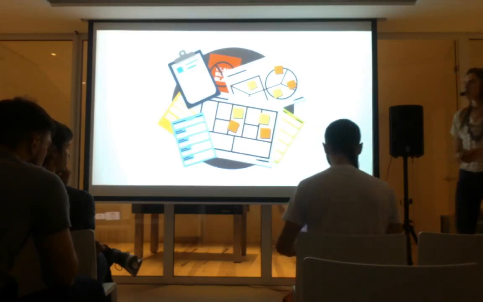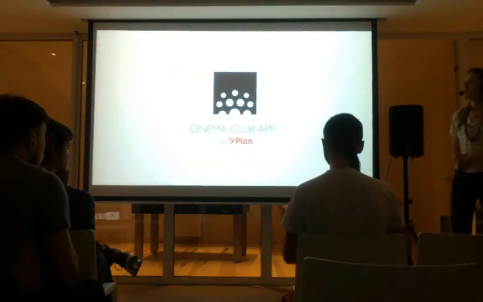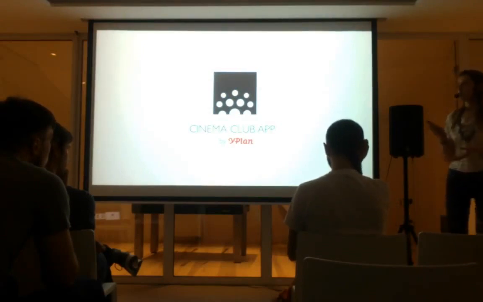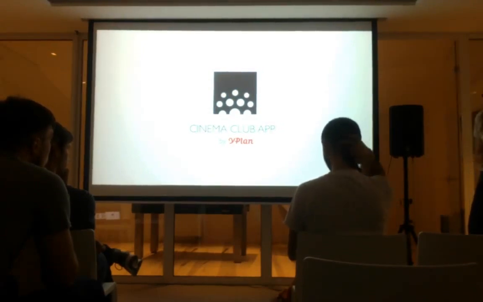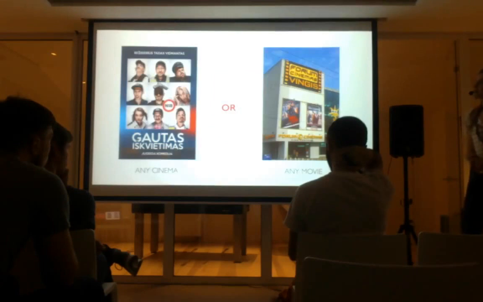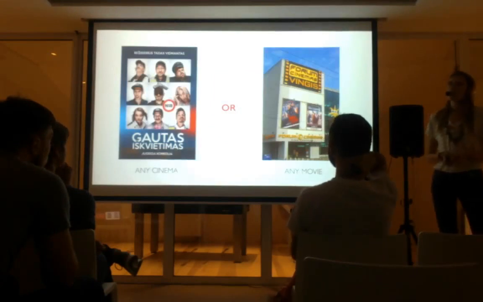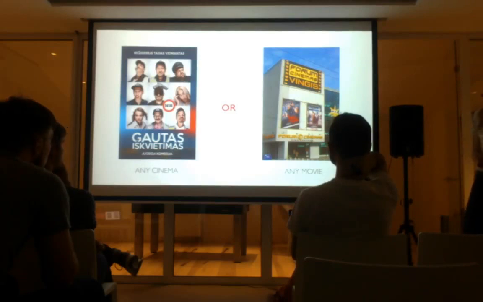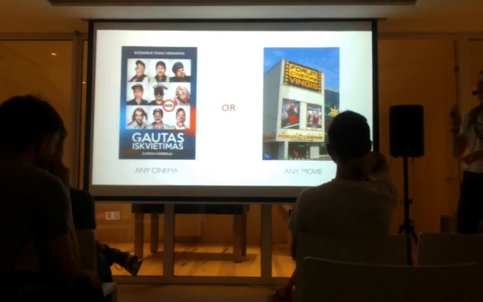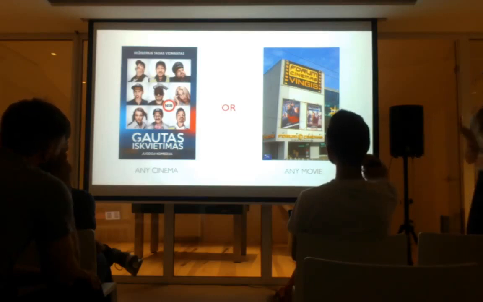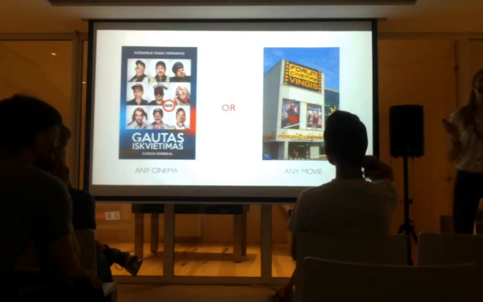We cannot just stop. And then I read one article about Cinema Club app, actually by Whitehead. And they identified two groups that they can segment their users into. One group is that you know a movie you want to see, but you don't really care about the cinema, you can go to any.